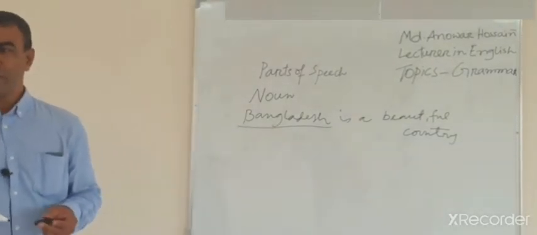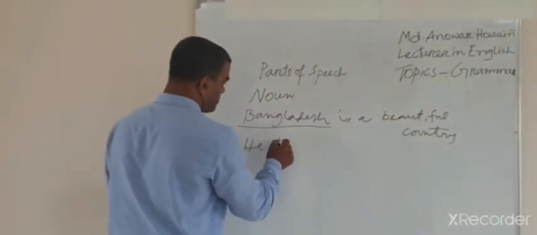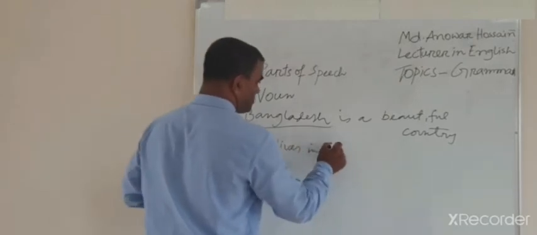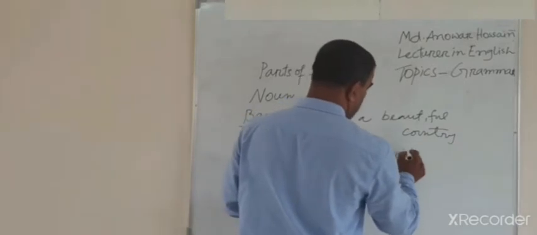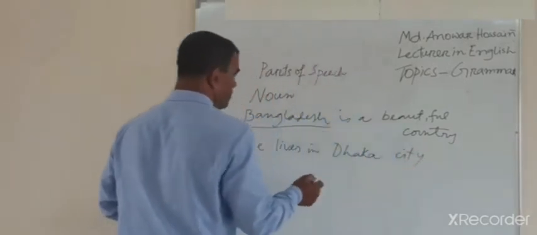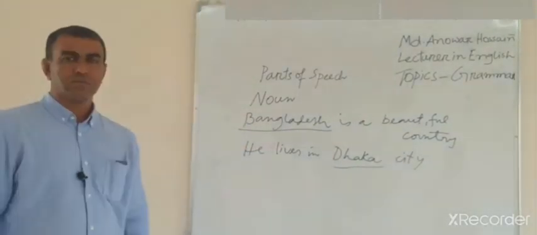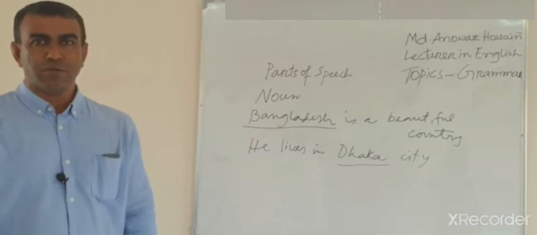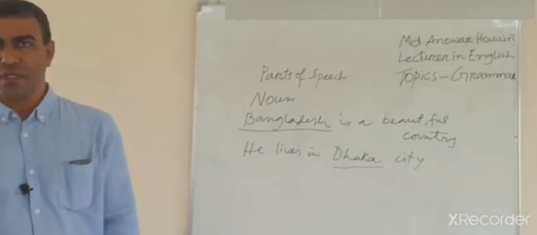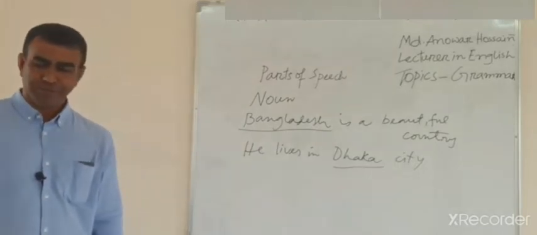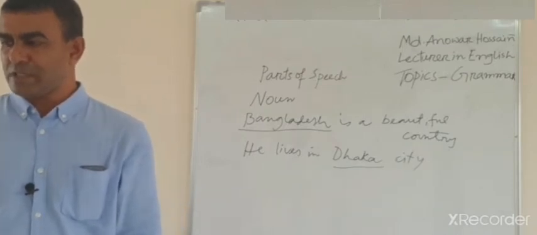But when we say he lives in Dhaka city, here the noun Dhaka is used as an object. So now you have understood what a noun is and what function it has in the sentence. It may be used as a subject or as an object in a sentence.